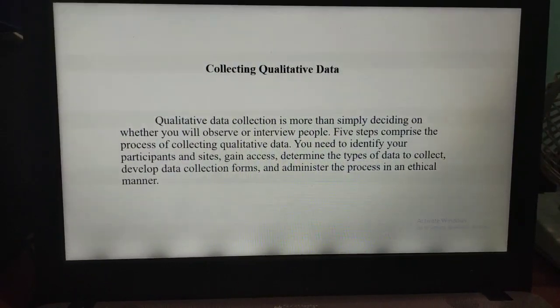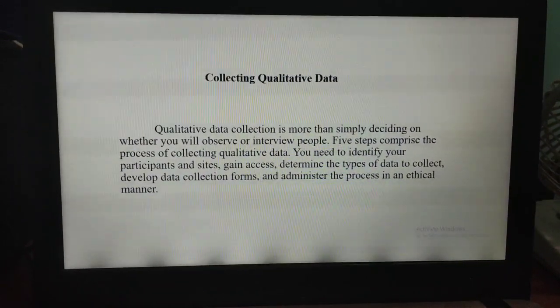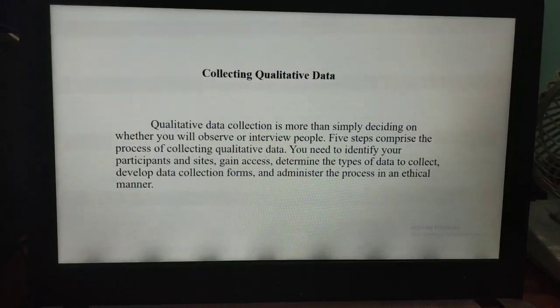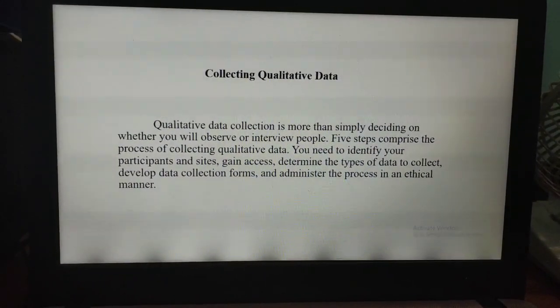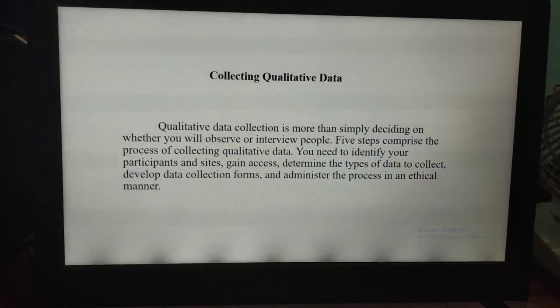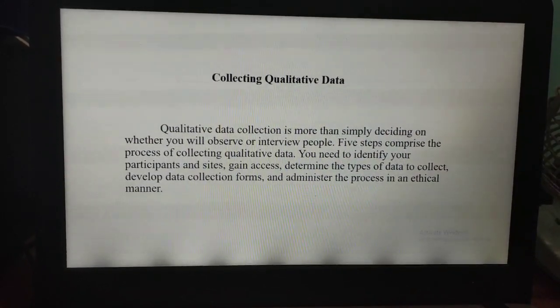Now I will share about data analysis, reporting, and evaluation. The first is collecting qualitative data. Qualitative data collection is more than simply deciding whether you will observe or interview people.